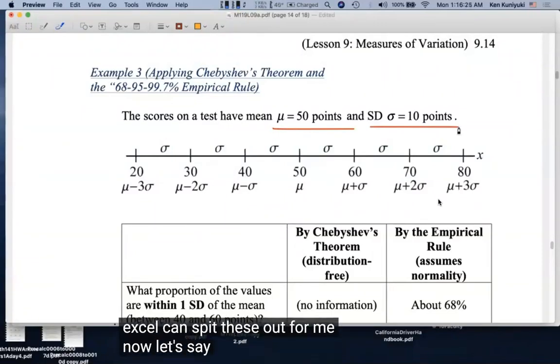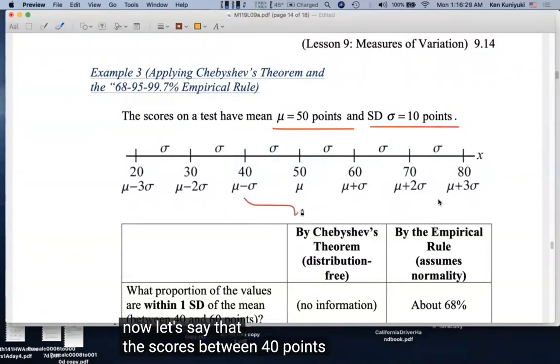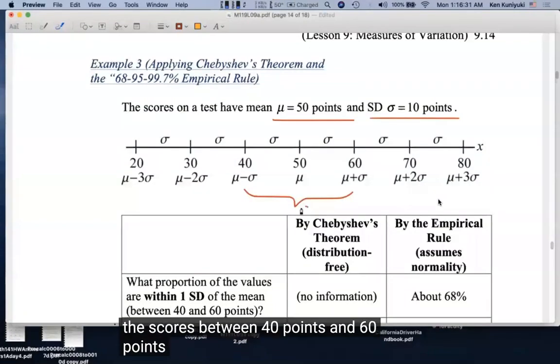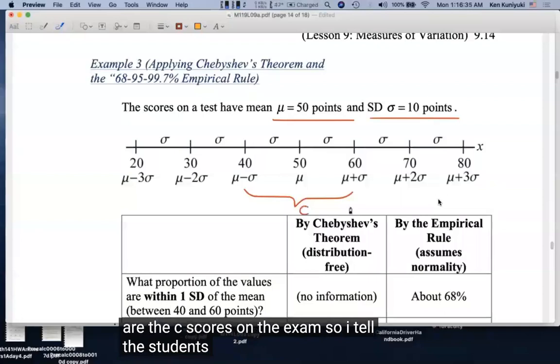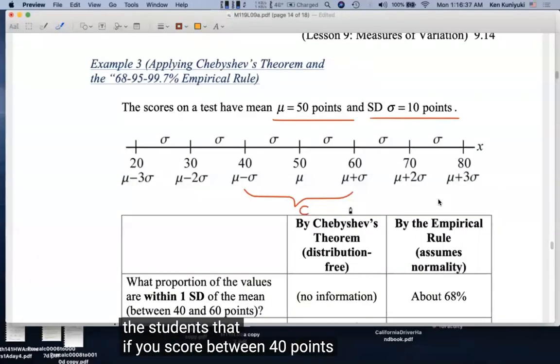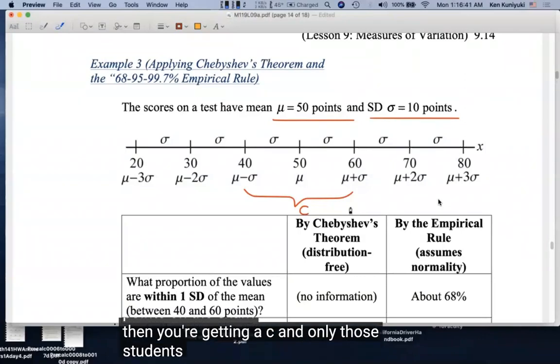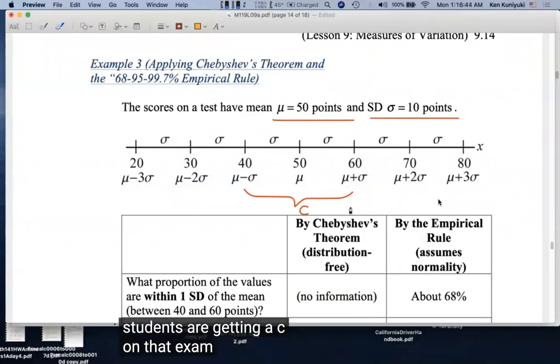Now let's say that the scores between 40 points and 60 points are the C scores on the exam. So I tell the students that if you score between 40 points and 60 points on the exam, then you're getting a C, and only those students are getting a C on that exam.